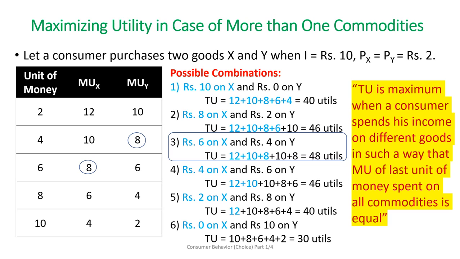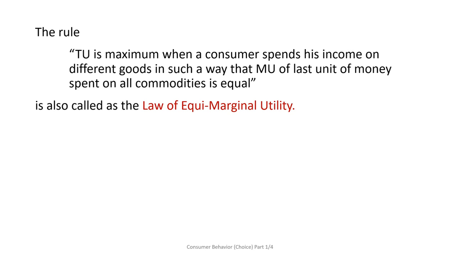So we can conclude that total utility is maximum when a consumer spends his or her income on different commodities in such a way that the marginal utility of the last unit of money spent on all commodities is equal. This principle is also called the law of equi-marginal utility.